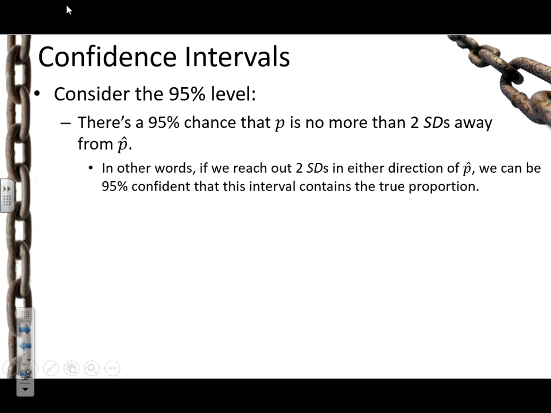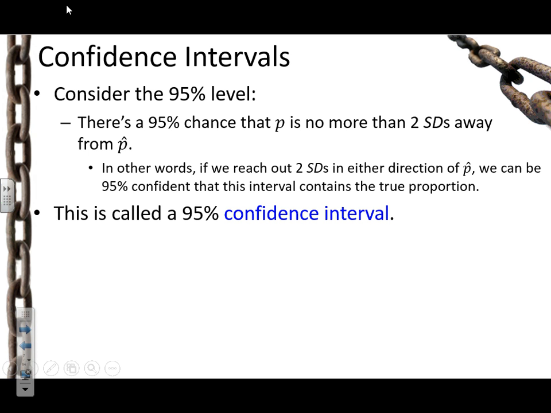Now, if we take that sample value and reach this far in each direction, we can be this percent confident that we've captured the true value. And while we might not ever know what it actually is, we can at least zero in on where it kind of is located, what it should be around. Okay? So that's the big idea with our confidence intervals here.